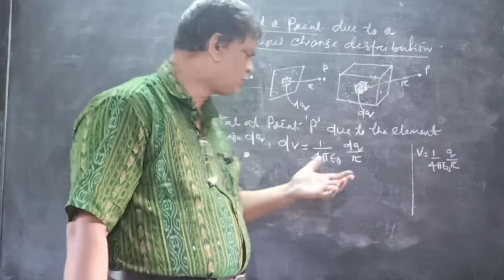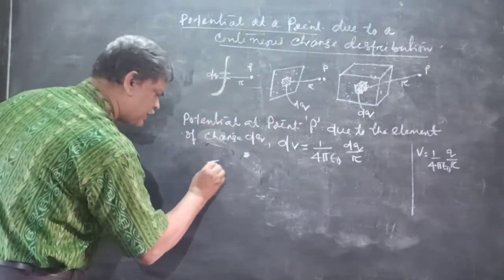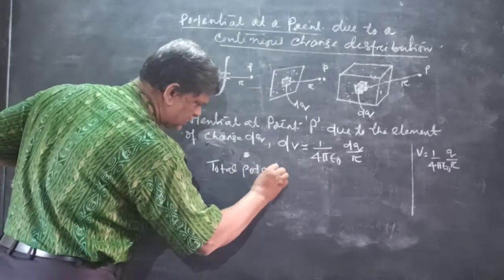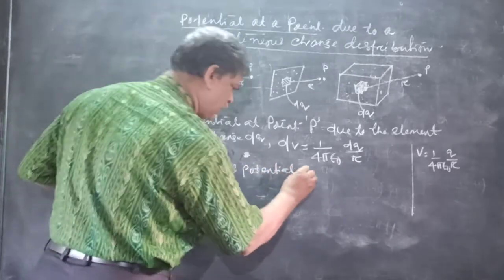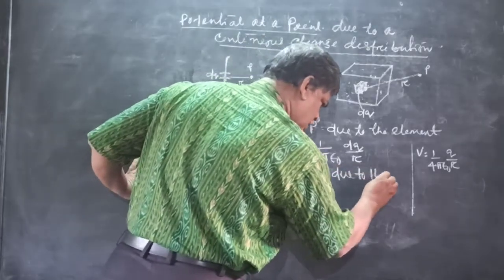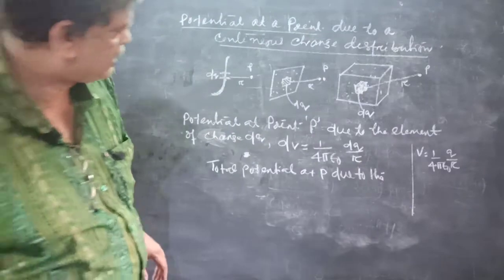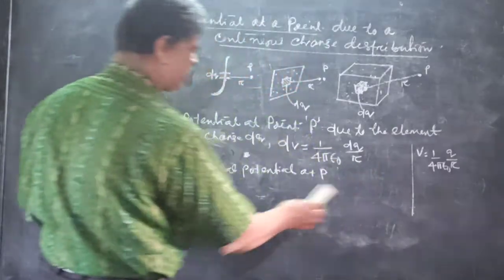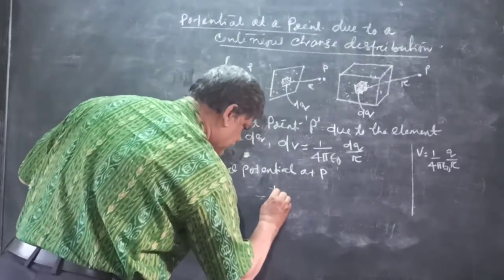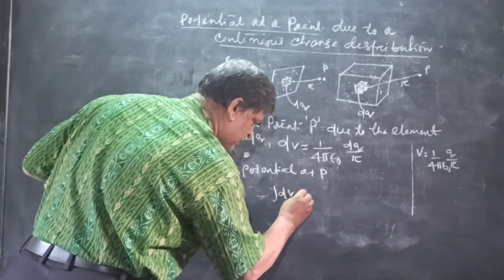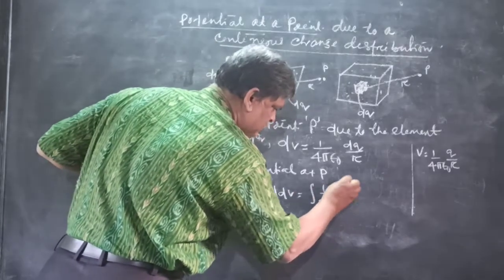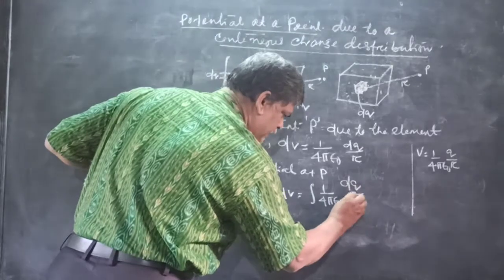Then how can you find out the total? The total potential at P due to the whole charge distribution is the integration of dv, the integration of 1 by 4 pi epsilon 0 dq by r.